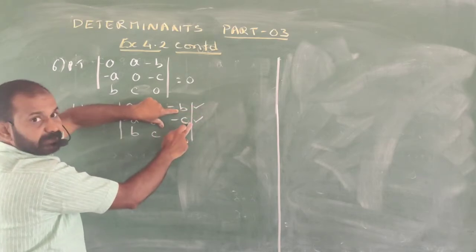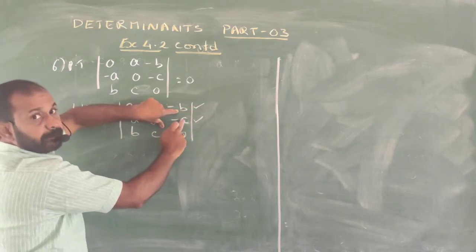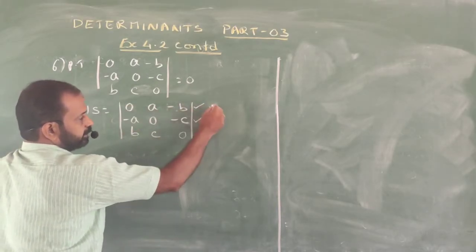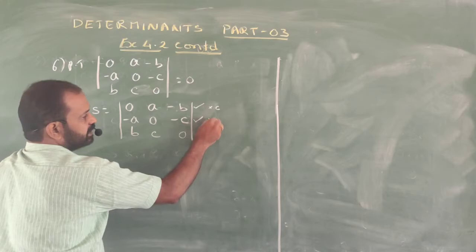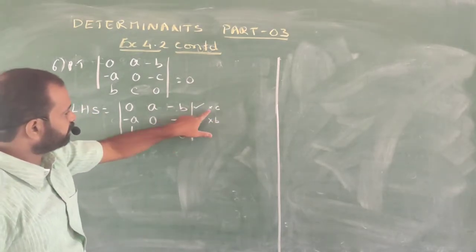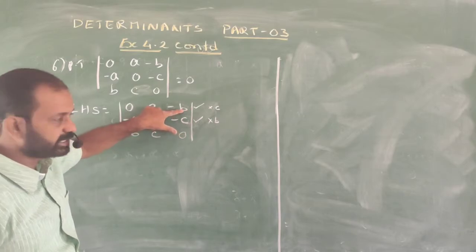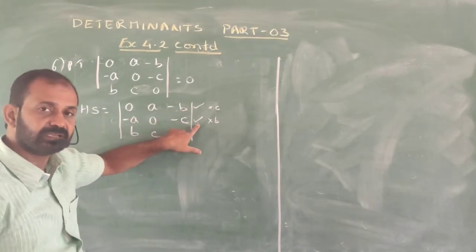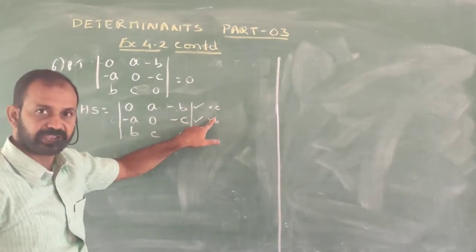If I multiply by B, here also I will get minus BC. This is just for understanding, multiplying by C and multiplying by B. When I multiply by C, this will become minus BC, and here it will become minus BC. Both are minus BC, so that means I have to subtract.